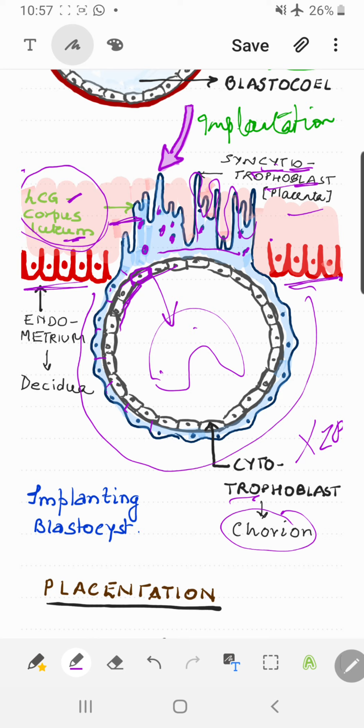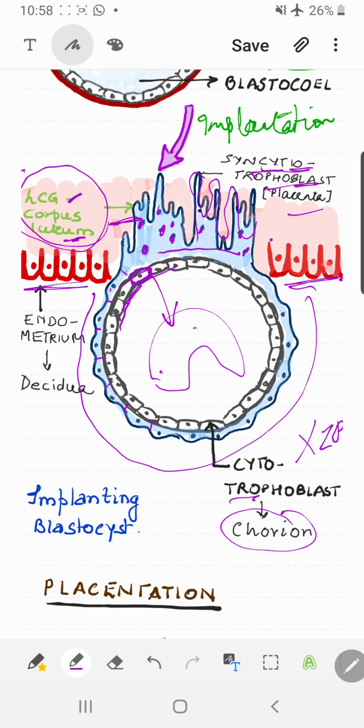I told you earlier as well, and again I am letting you know that HCG secretion is a confirmation of implantation. That is why when a lady conceives, a urine test is done to confirm whether HCG is present in higher concentration or not. If present, that means the placenta has been formed.